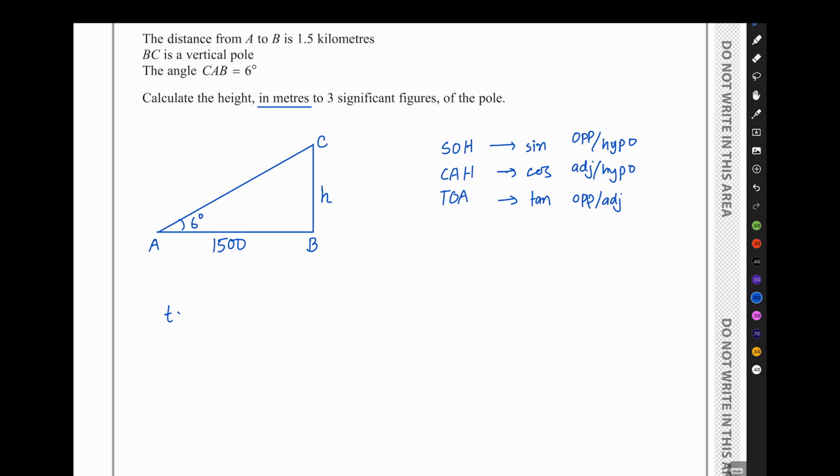So tan of 6 degrees is opposite over adjacent. Opposite is h, adjacent is 1500. So h equals tan 6 times 1500. This comes out to be 157.656. I need to write it in 3 SF, so it's 158 meters.